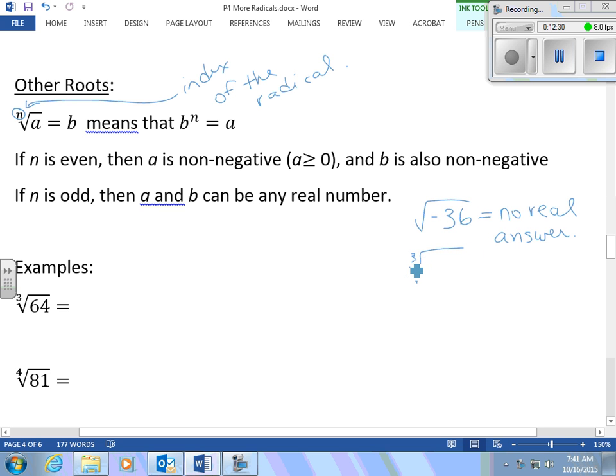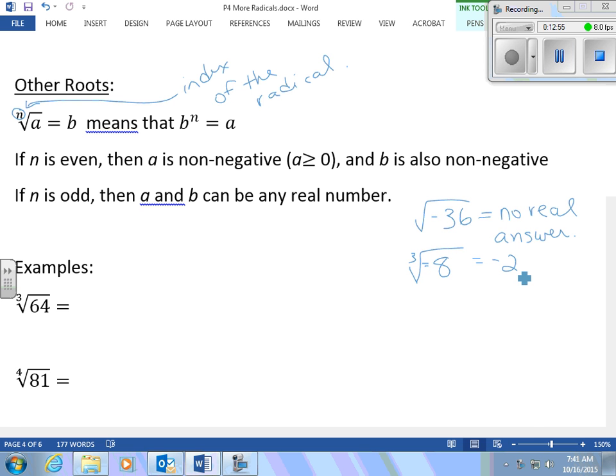So for instance, the cubed root of negative 8 is negative 2, because negative 2 to the power of 3 gives you negative 8. So when you've got a negative under the radical and an odd index, you can have negatives. If you have an even index, you'll never have a real answer.